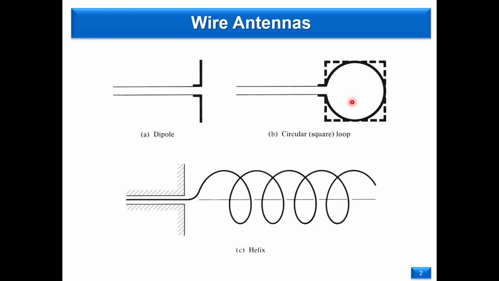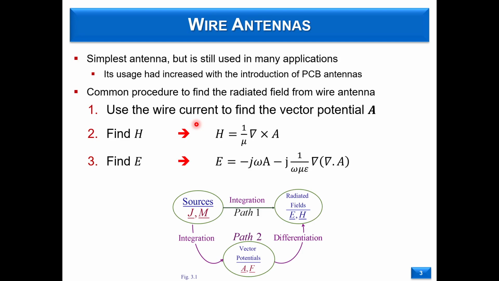Wire antennas are the earliest antennas to show up in science, and they come in multiple shapes, like the loop wire antenna or the helix wire antenna, but in this lecture we'll be focusing on linear wire antennas only, as an example of how to handle, manipulate and analyze wire antennas.